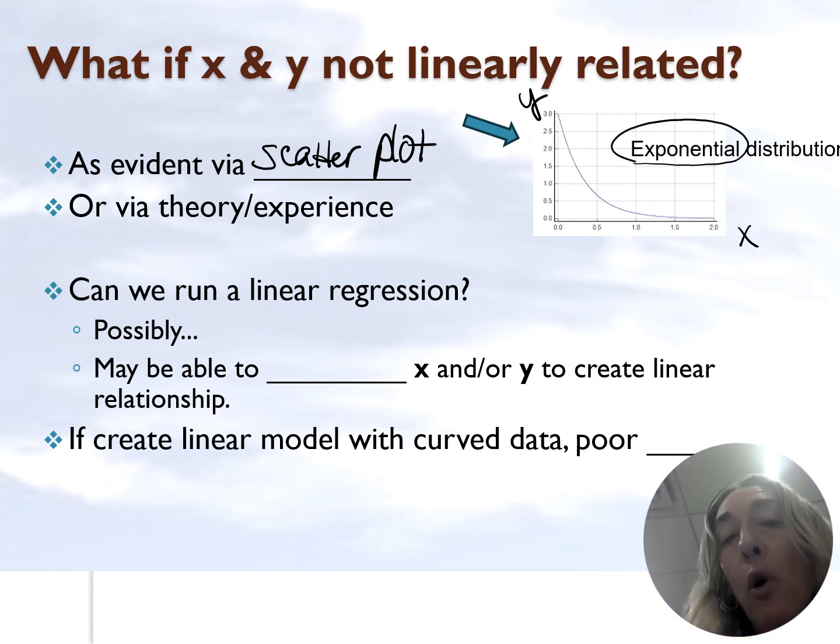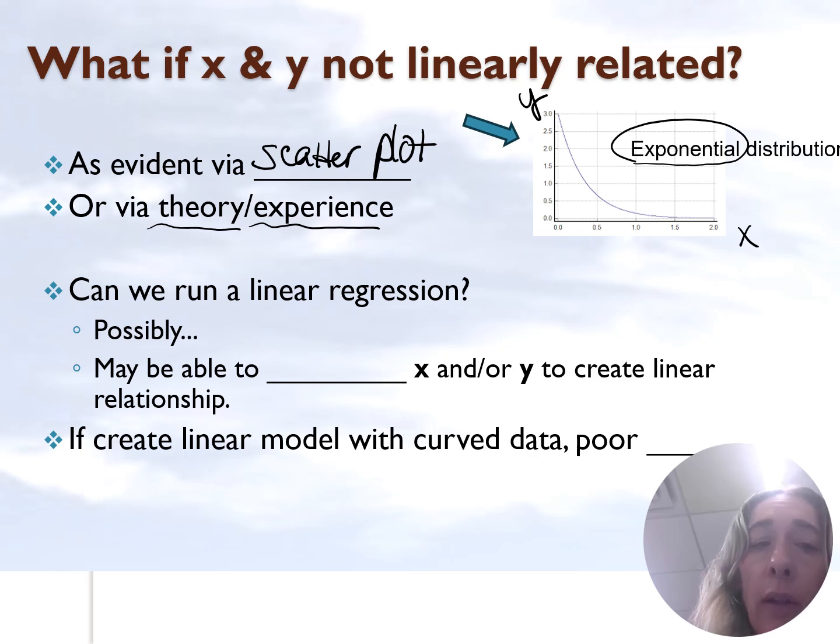Or perhaps you know X and Y are not linearly related via prior experience or theory on it. So the question is, if this is the case, is there anything we can do? Can we run a linear regression on this data? The answer is possibly.